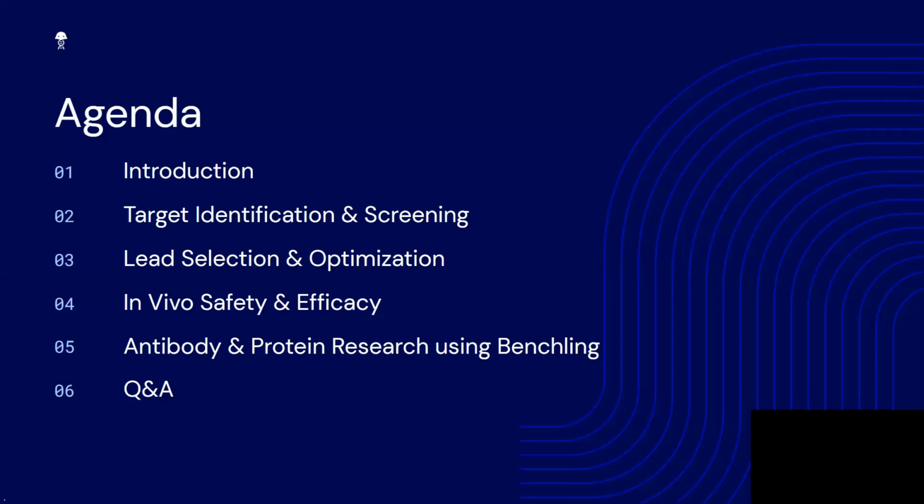We'll talk about lead selection and optimization, and then in vivo safety and efficacy. And then finally, we'll close with what Sanjay and I actually work on at Benchling, in terms of creating an R&D cloud that helps scientists manage their data. And we'll get into how Benchling helps researchers handle antibody and protein research data. And at the end, we'll wrap up with a live Q&A.